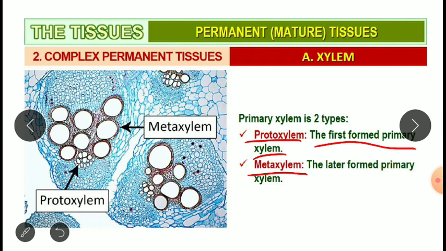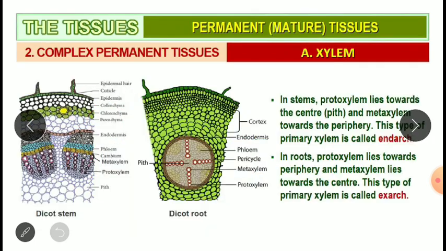When the plant grows big, even the size of the vessels will grow big. So those which are formed first are going to be called the protoxylem. They are going to be smaller in size. Whereas the metaxylem are going to be the later formed xylem, and they are going to be larger in size when compared to the protoxylem.